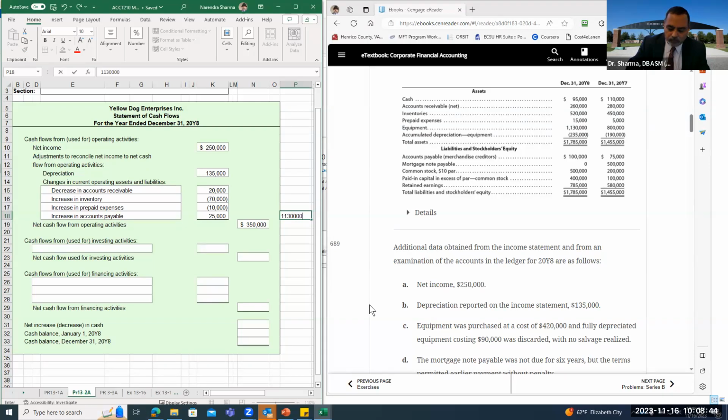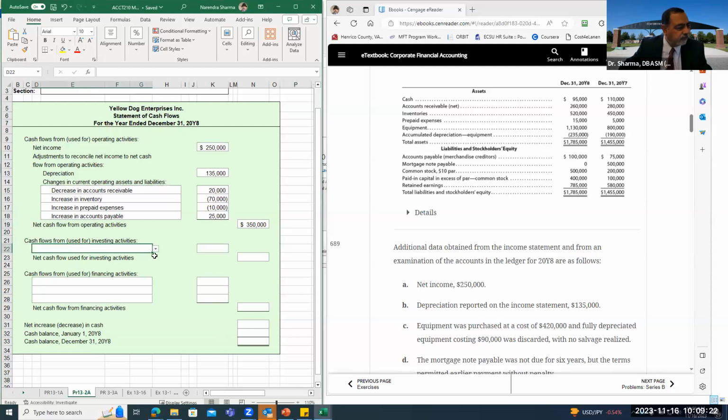Let's take the difference: it was a 330,000 increase before the sale. And I discarded 90,000, so 330 plus 90 will be 420. It checks out, so it is safe that we can take this directly.